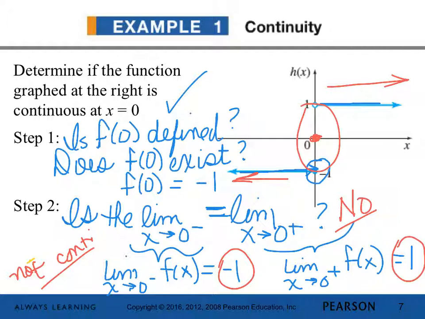The limit exists, so it's continuous everywhere it appears. And I said f of x throughout all of this. It's actually h of x. Hopefully you'll forgive me for that. So h is continuous everywhere except at x equals 0.